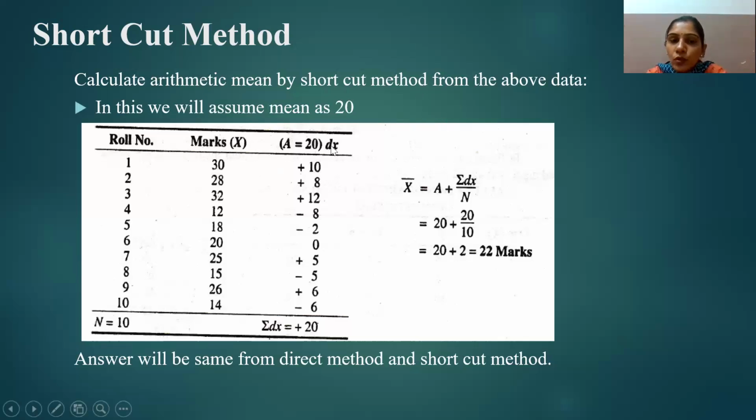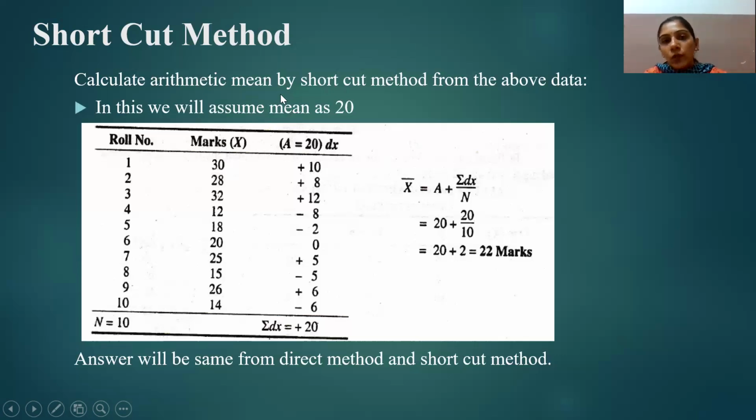We have to subtract that assumed mean from all these values of x.